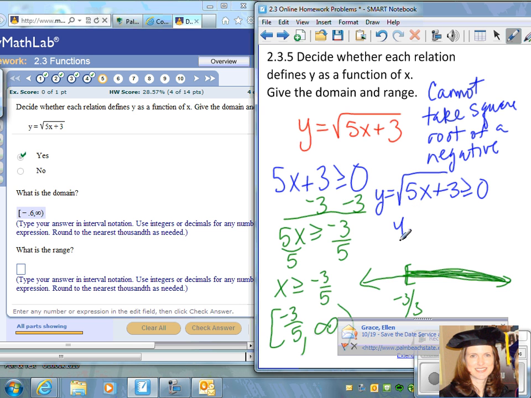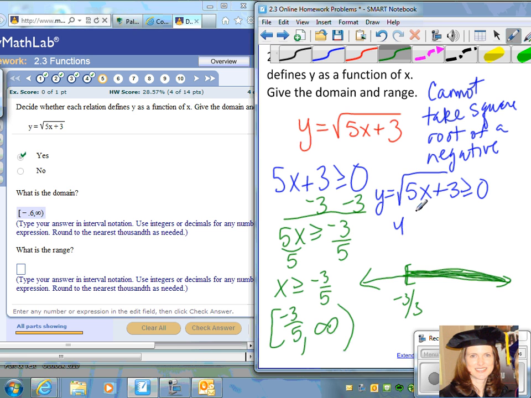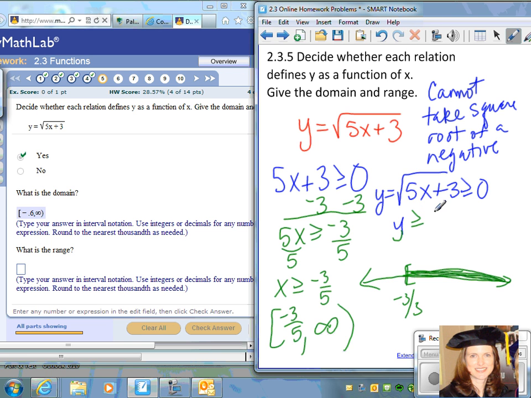Our y must be greater than or equal to 0. So on the y-axis, the lowest that y could be is 0, and it's going to go up to infinity. So the way we would write our answer for the range is from 0 to infinity, and close the parenthesis.